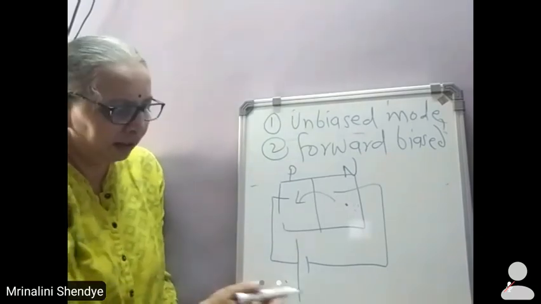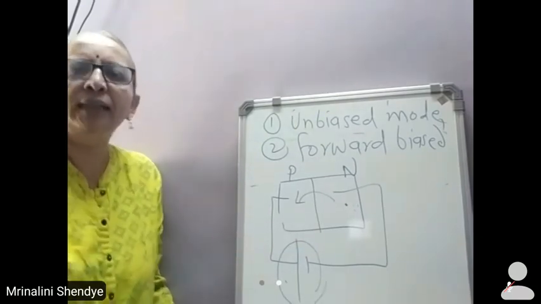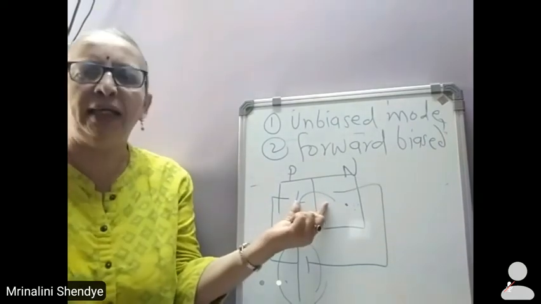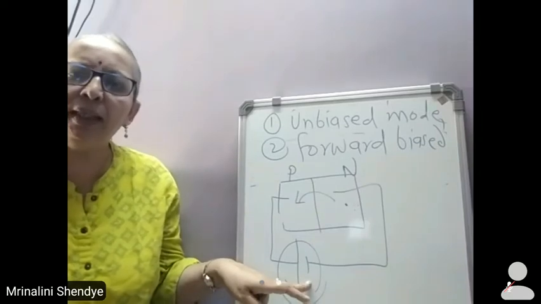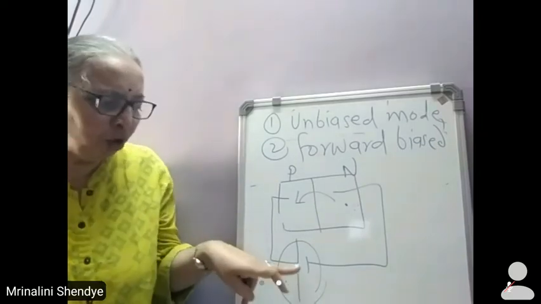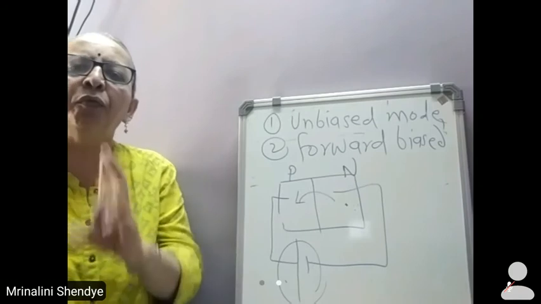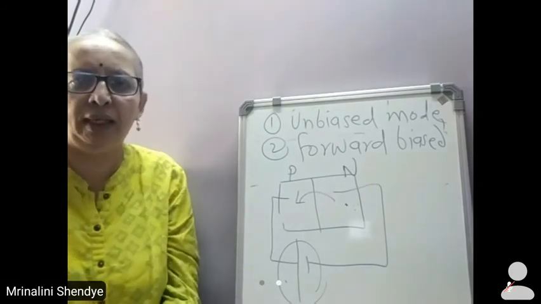So even if you apply an electric field externally, below a certain value of applied field, we never observe electric current.